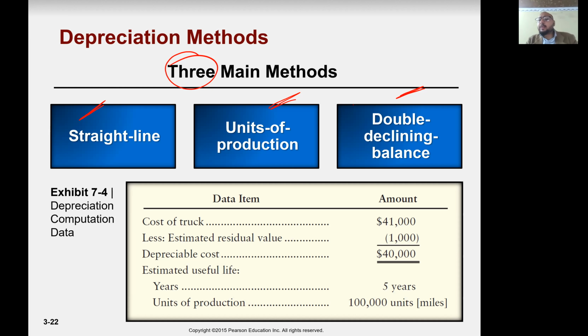Like we talked about in inventory, we have LIFO, we have FIFO, and we have the average method, and they have different implications for profit and taxation purposes. The same happens here as well. If we are using the straight line method, what will be the profit? If we are using the unit of production method, what will be the profit? And if we are using the double declining method, what will be the profit and what will be the taxes?